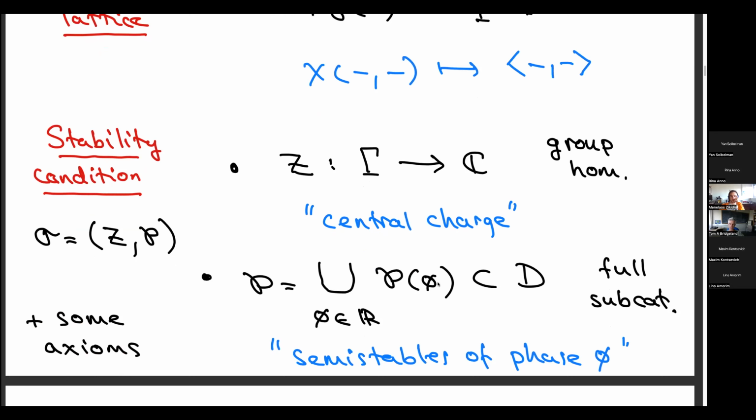So there's a full subcategory for every real number, but most of them are just the 0 category. The objects of these categories we call semi-stable of phase phi. And these satisfy some simple list of 4 or 5 axioms, which I'm not going to repeat here. But that's the definition of a stability condition on a triangulated category.